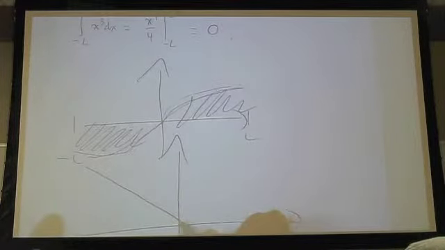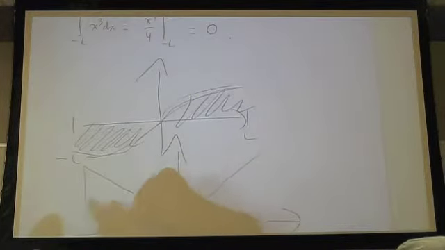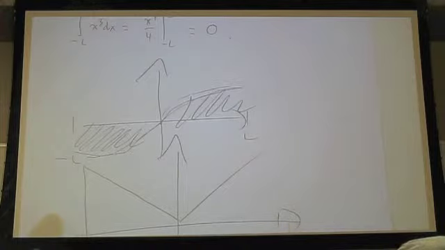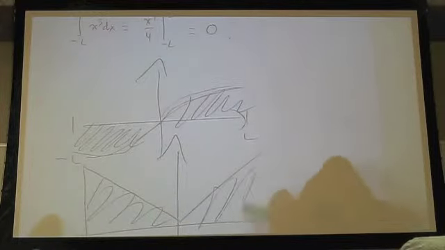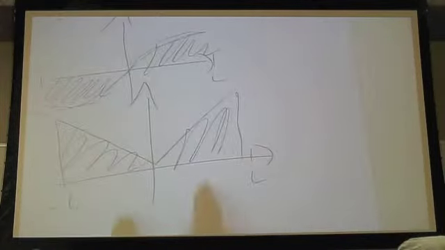Why? Because an even function means that whatever you have over here is exactly over there, symmetric over the y-axis. So if you do it over a symmetric interval, the area over here is exactly the area over here. So you might as well cut the interval in half and double it.